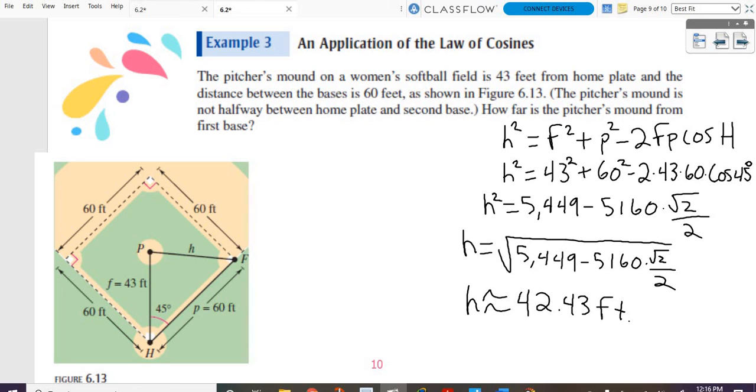The picture just has context now, but I'm still plugging it in and evaluating it the same way. Usually the hardest part is, if they don't give you a picture, drawing your picture correctly. And usually that's where people tend to make mistakes, and not actually with the plugging in. So, any questions about any of our law of cosines stuff?